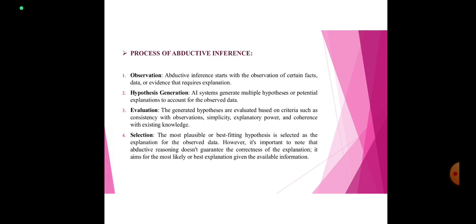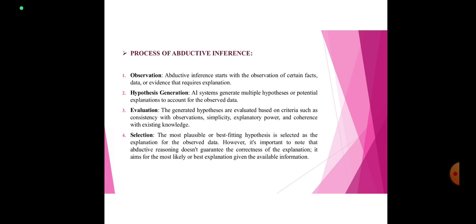We use certain logical rules for evaluating the multiple hypotheses based on criteria such as simplicity, explanatory power, and coherence with existing knowledge. Selection. That is the major step, which selects the best fitting hypothesis as the explanation for the observed data.